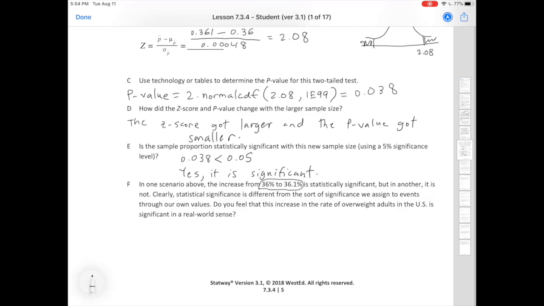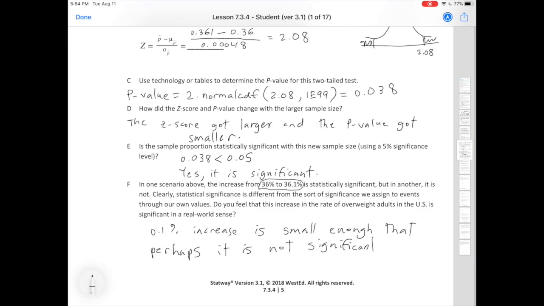So in my opinion, a 0.1% increase is small enough that perhaps it is not significant in the real world. Now understand the difference, right? The difference between statistically significant and significant in the real world is the following.